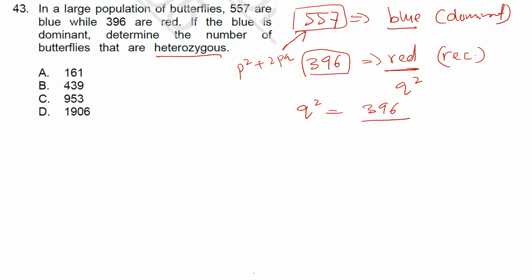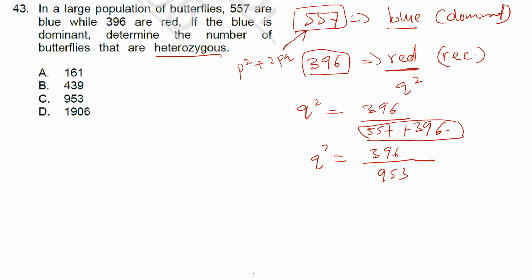So kena bahagikan dengan total. Total adalah 557 plus 396. Okay, so the total number of the whole butterfly population would be what? 953, kan, from here. Okay, so 396 divided by 953 to get the frequency of homozygous recessive.